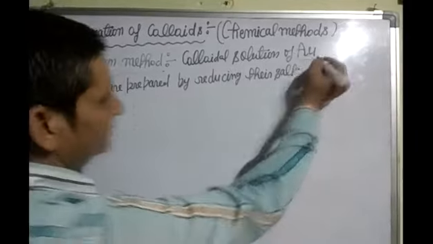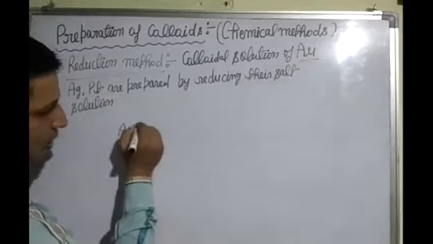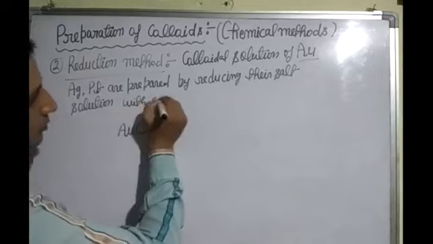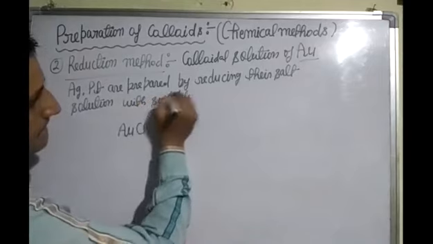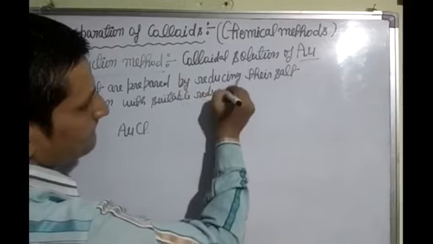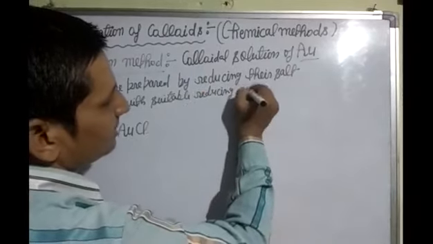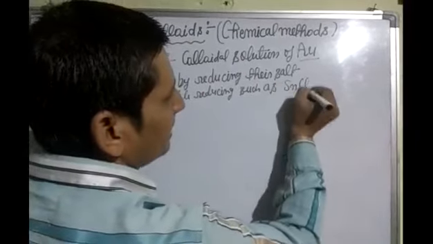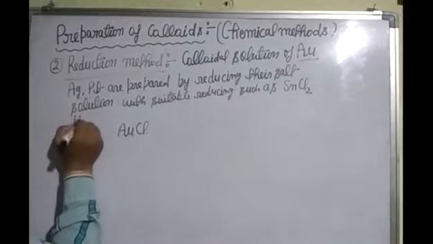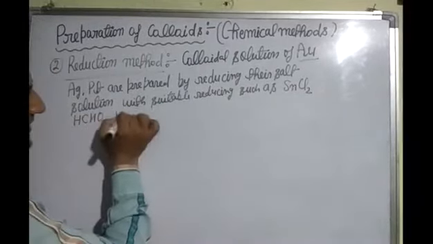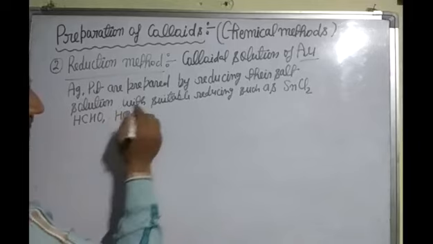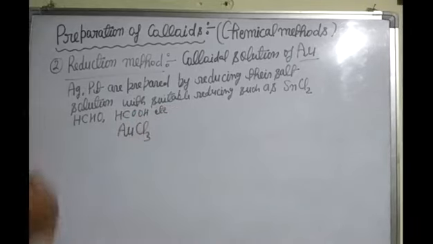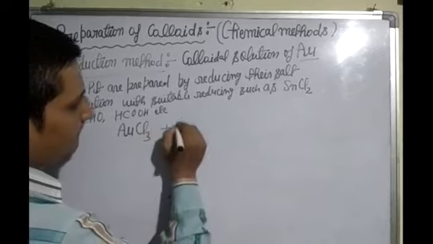Salt solution of gold is AuCl3, auric chloride, with a suitable reducing agent such as stannous chloride SnCl2, formaldehyde HCHO, formic acid HCOOH, etc. This is auric chloride and this is stannous chloride SnCl2.